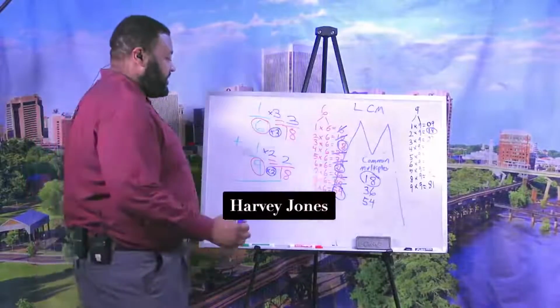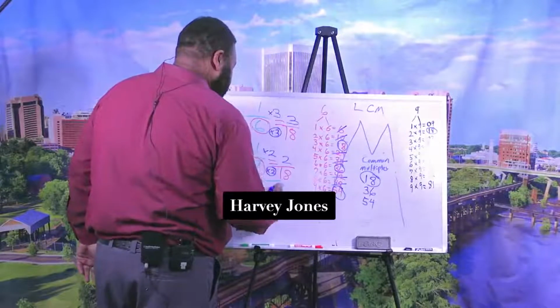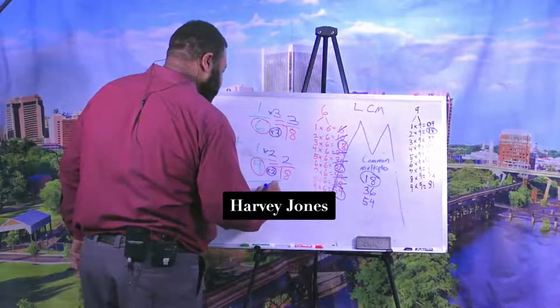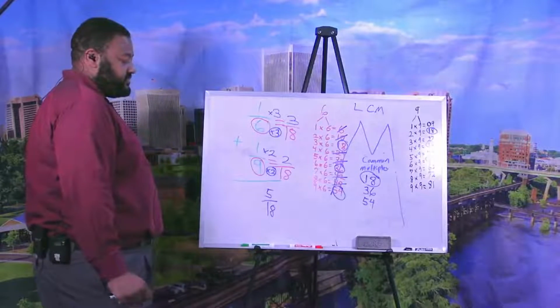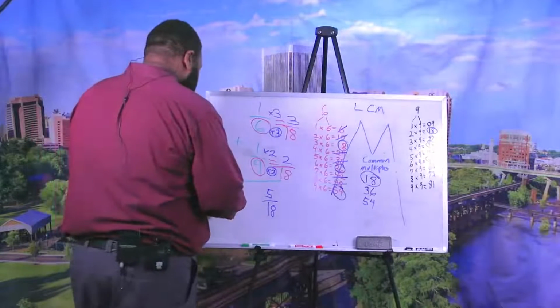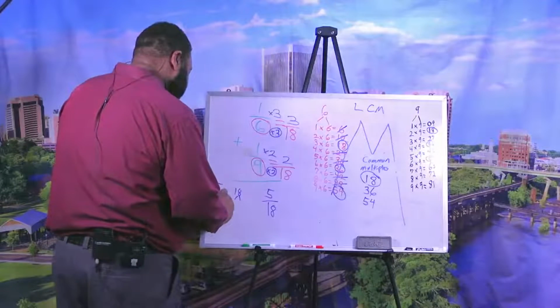All right, and we come here like we did before. I bring my 18 down, and 3 plus 2 will be 5/18. And I'm going to double check here. What gives me 5? 1 times 5.